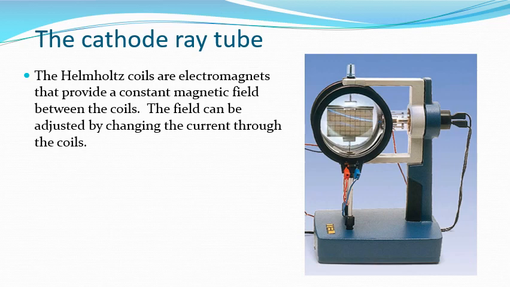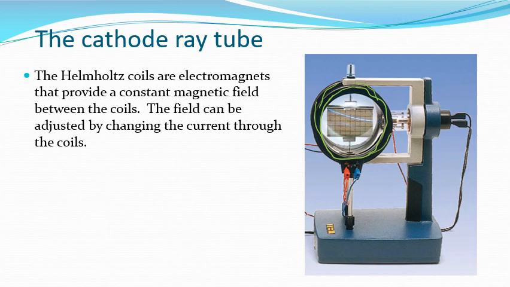Okay, so we can also use the same equipment with the electromagnets called Helmholtz coils to provide a constant magnetic field. So these are these green circles, the black circles that are indicated in there. Underneath those, there's one either side of the tube, and underneath those are lots of coils of wire.